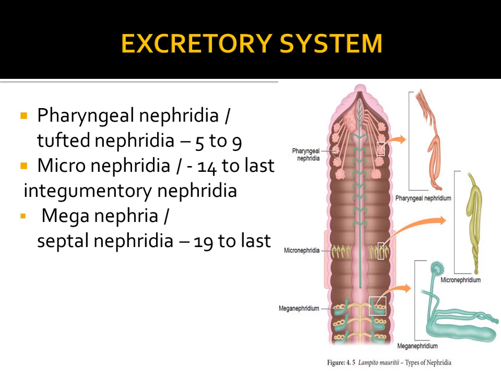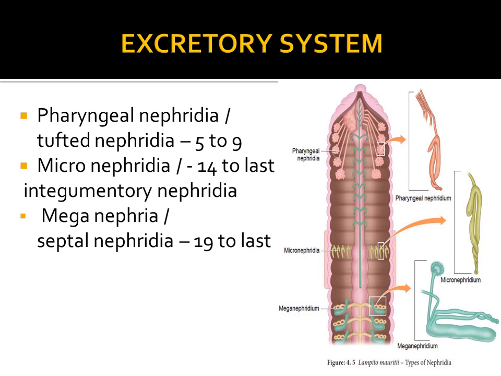It extends from the fifth segment until the ninth segment. Can you watch this figure? The first one is marked as the pharyngeal nephridia. Actually, it is one long coiled tubule, starting from the fifth and continuing till the ninth segment.